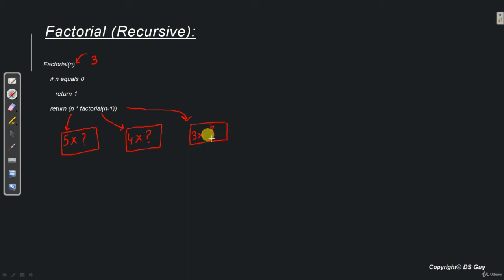So it calls the factorial 2 method. So once again this factorial method is called with value 2. If n equals 0, no. Return n into factorial n minus 1. So this time it returns 2 into factorial 2 minus 1, that is factorial 1.